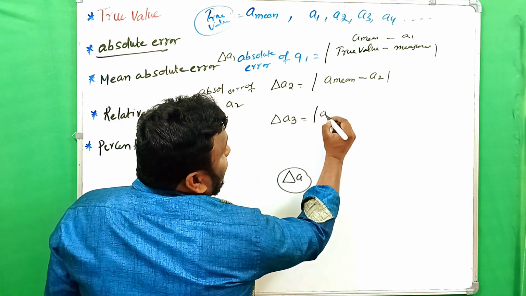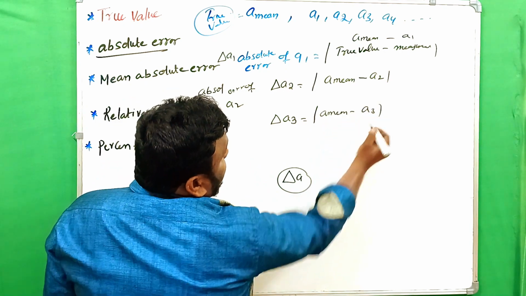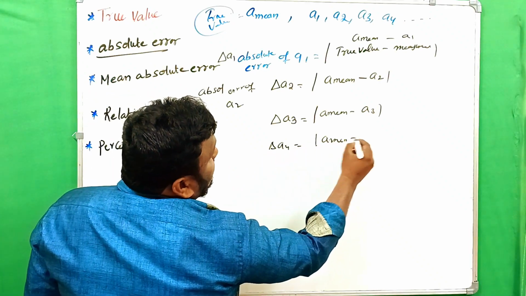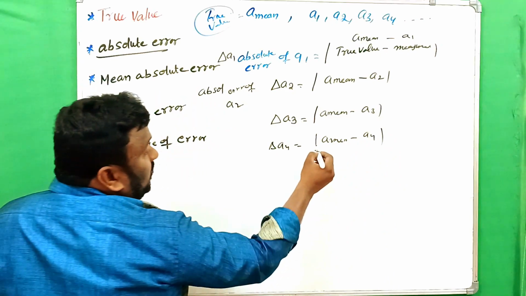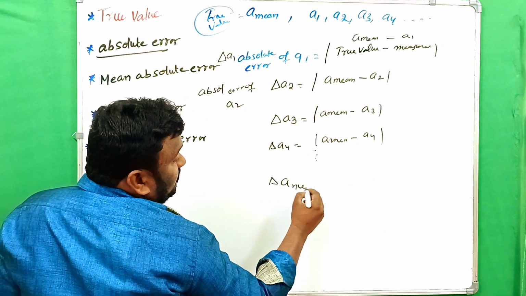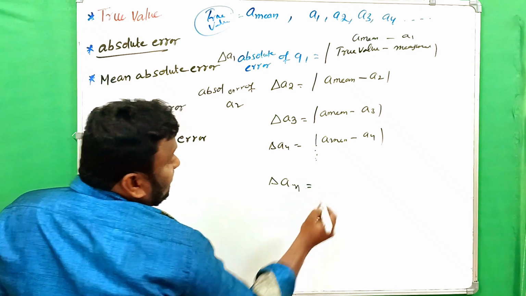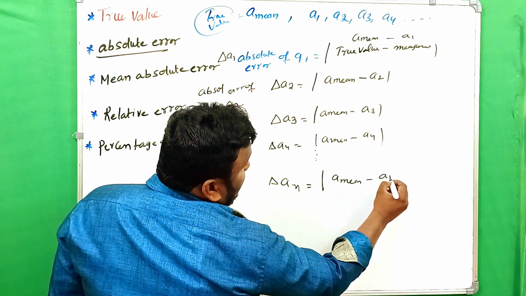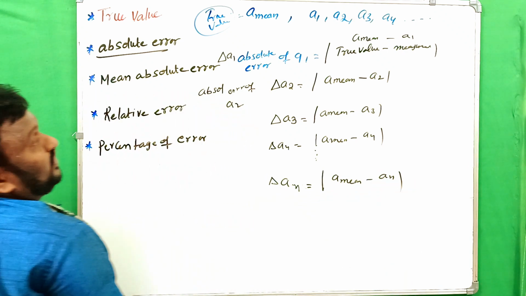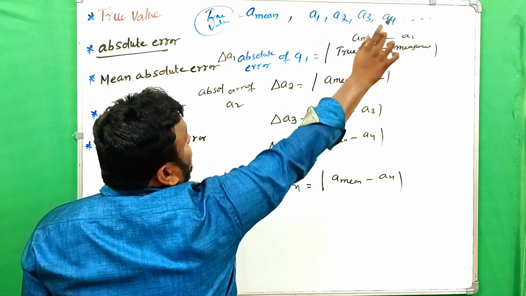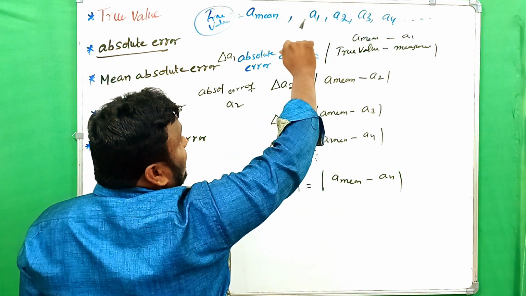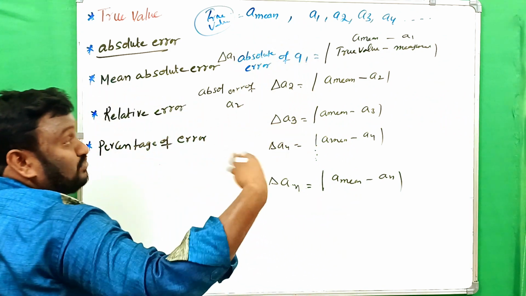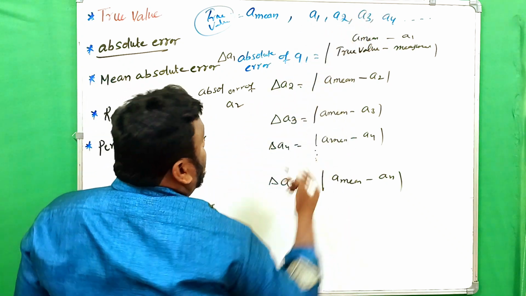So delta A3 is mod of A mean minus A3, delta A4 is mod of A mean minus A4, and so on, up to delta AN, which is mod of A mean minus AN. A1, A2, A3, A4 up to AN are the measured values, and delta A1, delta A2, delta A3, delta A4, delta AN are the absolute errors of A1, A2, A3, A4.